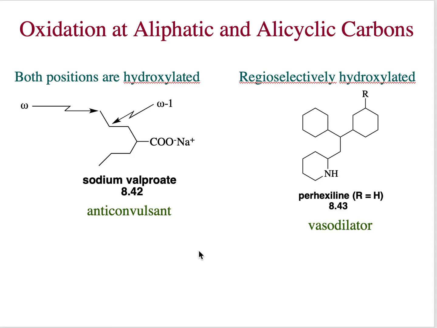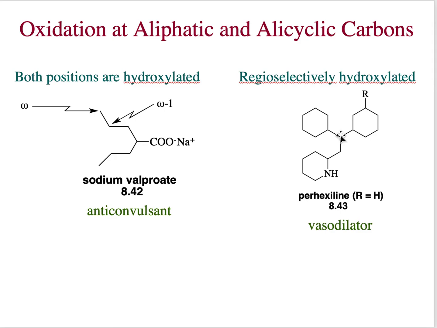In this case, both of these carbons are oxidized, but here you have an example of a vasodilator where it's only oxidized here. So it's only hydroxylated here. There are hydroxyls here and here, but only a hydroxyl here. You would say, why wouldn't it put a hydroxyl here? Well, there's low rotation.